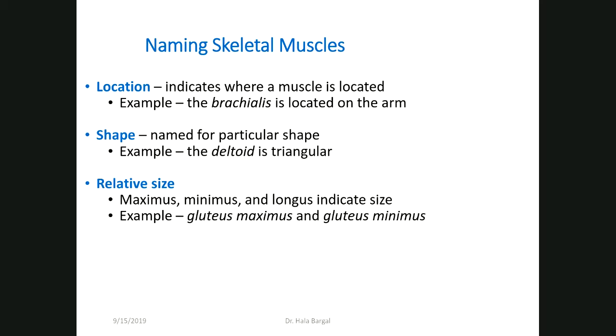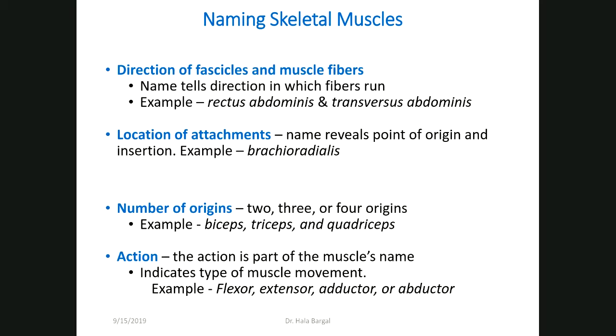We can name the muscle according to the direction of the fibers, as you will learn in the next lecture: rectus abdominis, transversus abdominis, external oblique, internal oblique. Transversus abdominis, the fibers are arranged transversely and located in the abdominal region.